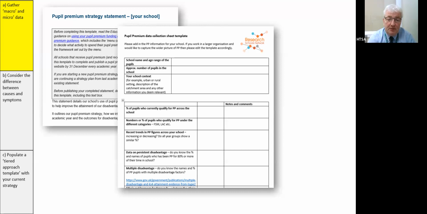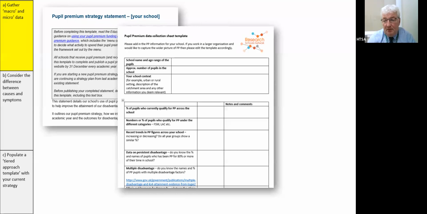How many pupils are you talking about? And the different makeup of these students. What ethnic background do they come from? What other disadvantages do they have? Are they persistently disadvantaged? Do they have other needs like SEND and things like this? All of these to collect on one document.